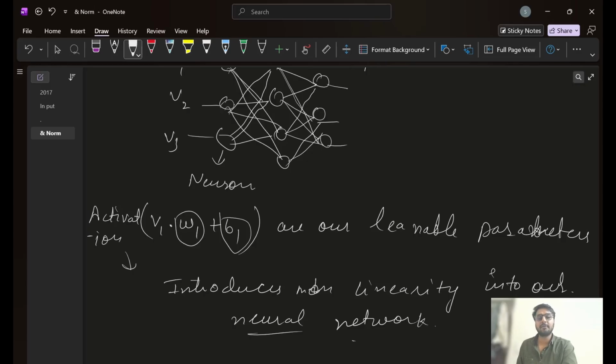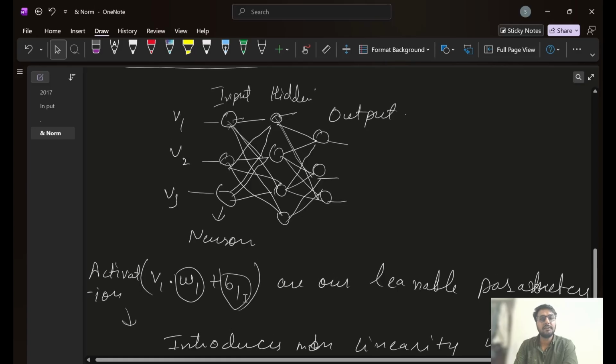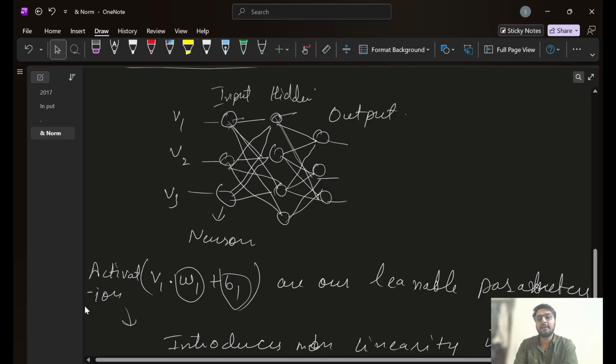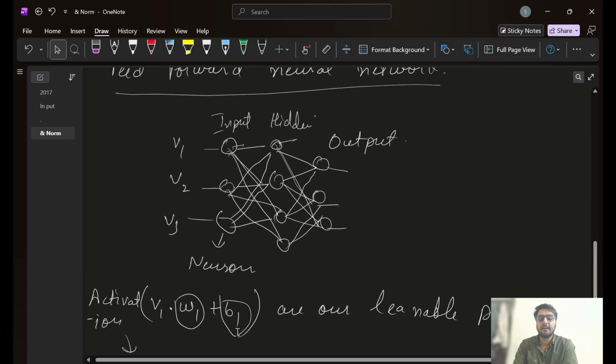Without activation function, these neural networks are nothing but just a linear multiplication of vectors. So activation functions are really important to train a deep learning model. Okay, so this is what is happening inside the feed forward neural network.